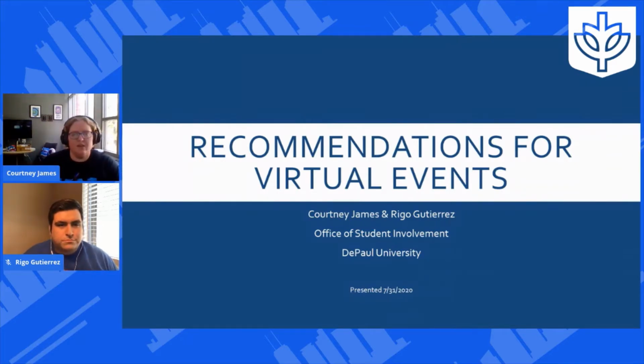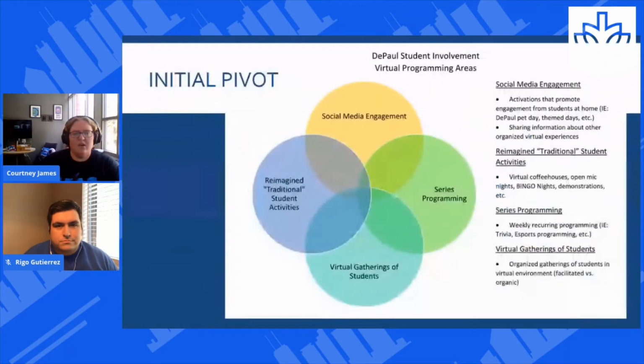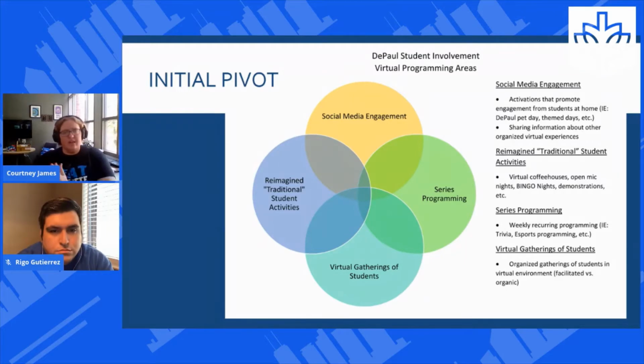So to get us started, one of the first things that we would share is, like many people, back in March when we moved to our virtual environment, we spent a lot of time thinking about what our initial pivot looked like. So before we started anything else, we created essentially a strategic plan, or at least a direction for us to follow to guide what we were going to do.